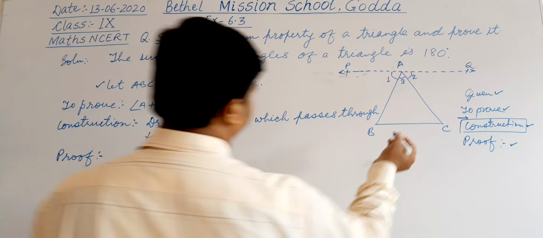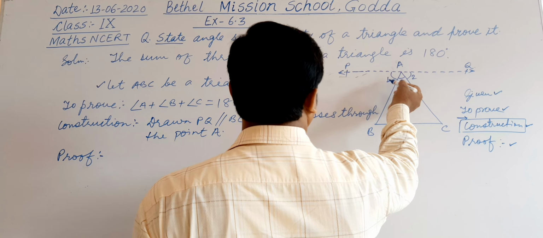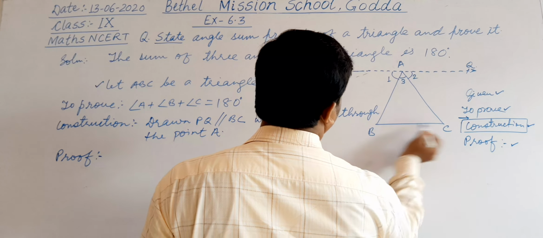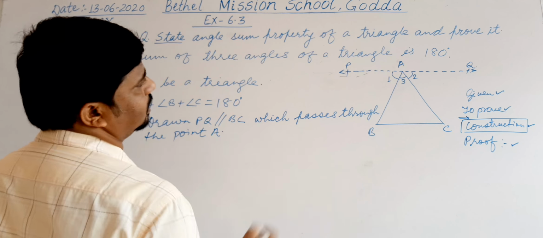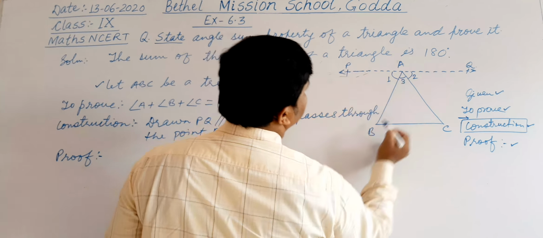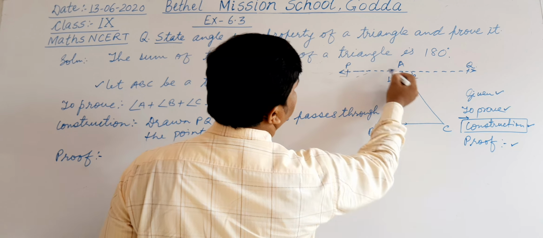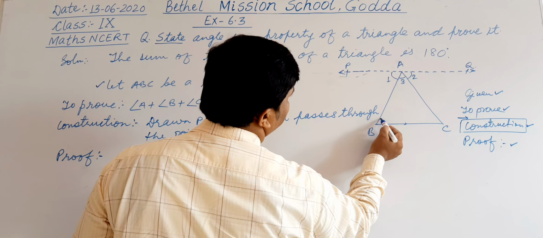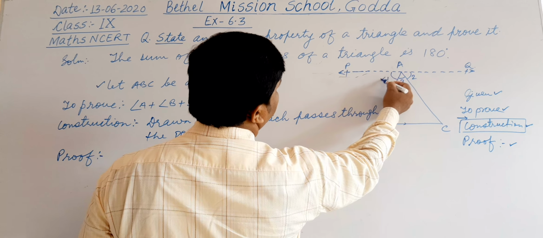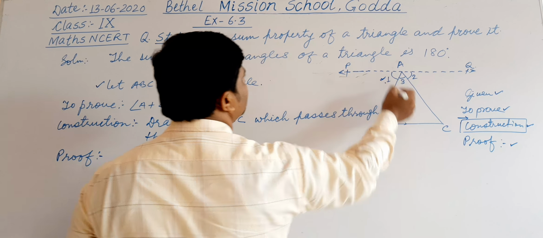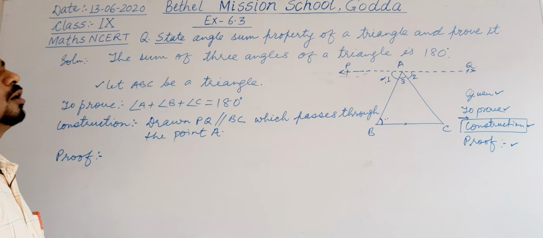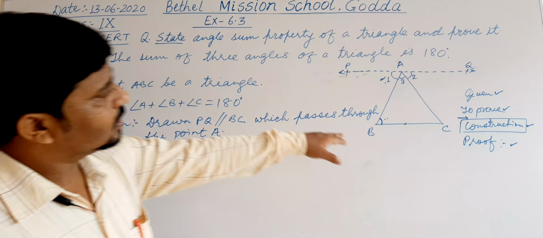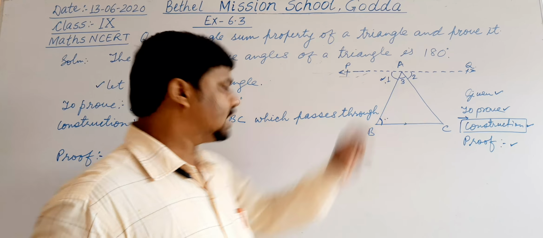Since PQ is parallel to BC and AB is transversal, then this angle and this angle, these two angles are just opposite to each other and they are interior of the parallel lines. This type of angles are called alternate interior angles.